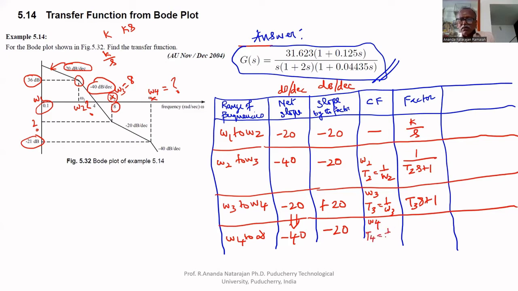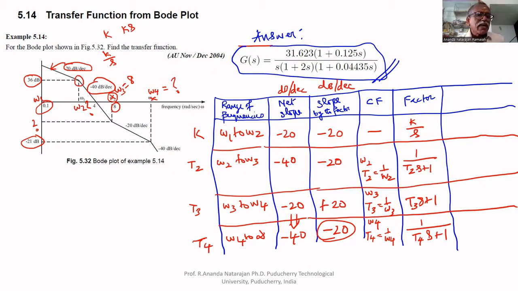T4 equal to 1 by omega 4. Therefore, it is negative, that's why 1 by T4s plus 1. The question is now reduced to finding K, T2, T3, and T4. If you find K, T2, T3, T4, we can form the transfer function.